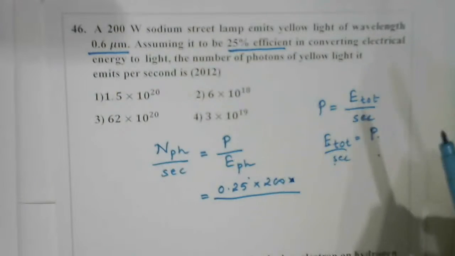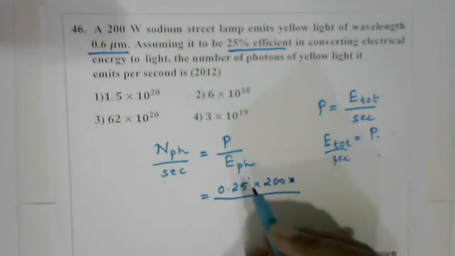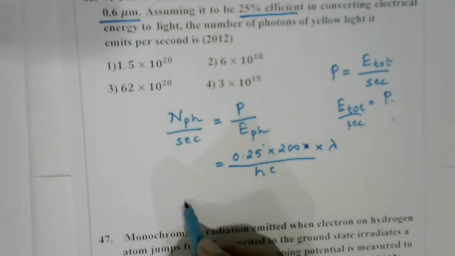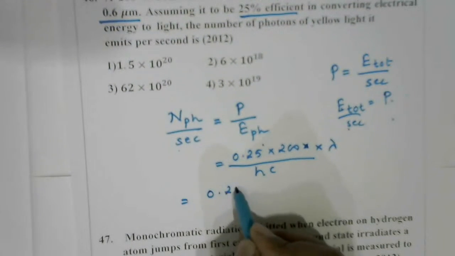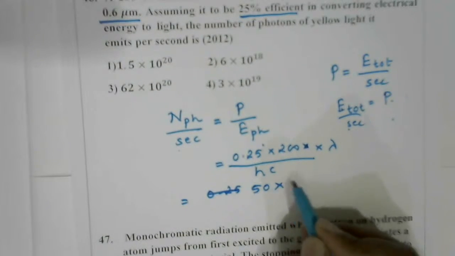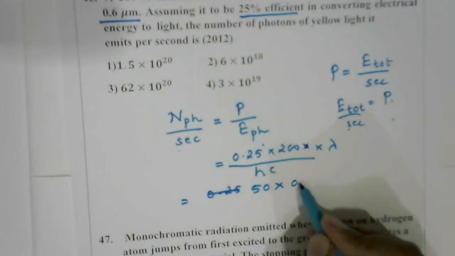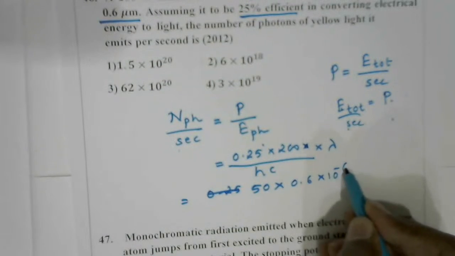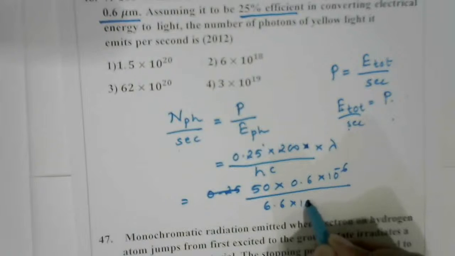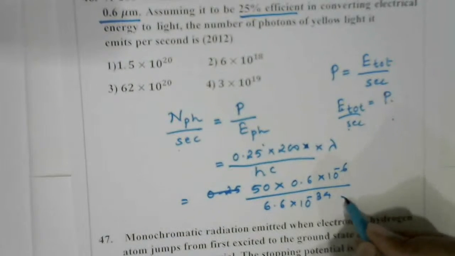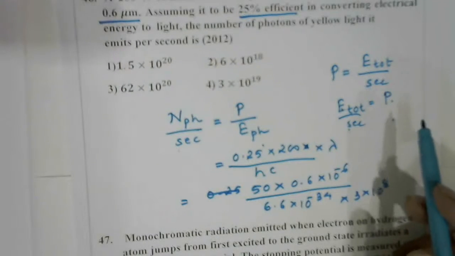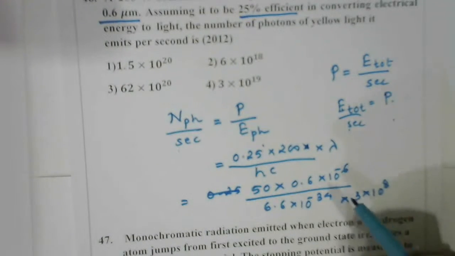So let us go with the values. hc by lambda I have to fill. 0.25 into 200 became 50, into lambda given is 0.6 into 10 to the power of minus 6, divided by h value we are having 6.6 into 10 to the power of minus 34 into 3 into 10 to the power of 8. Okay, so check approximately how much it can come.